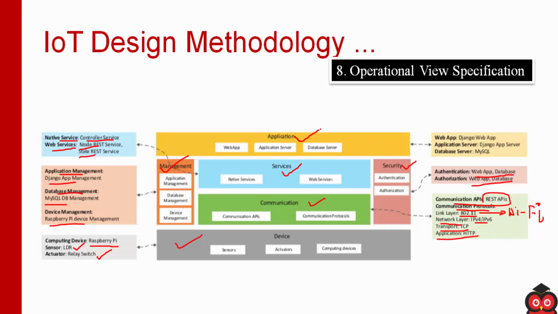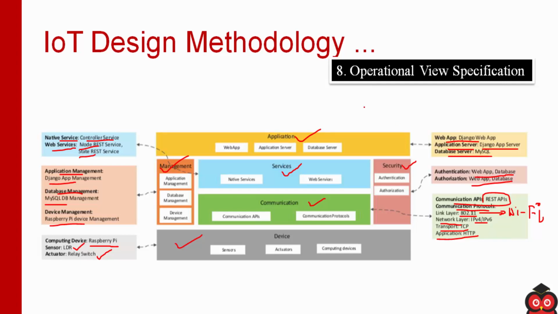And final thing is application. So web application, we will use Django. And application server is a Django application server. That means on the server I will be running Django to host my web application, right? And the database server is MySQL.